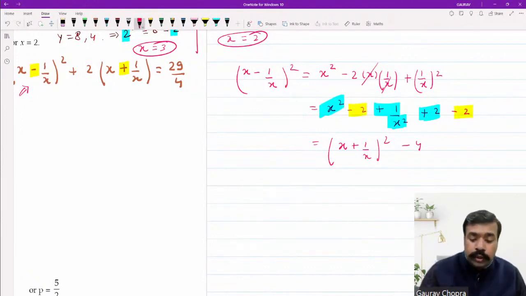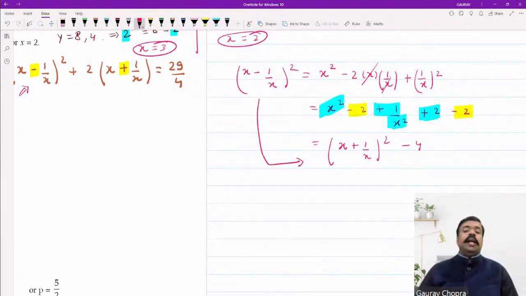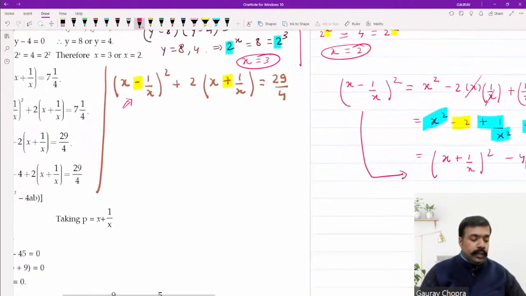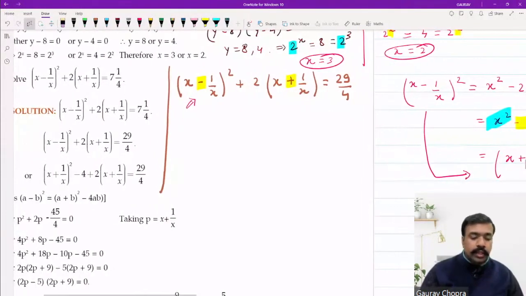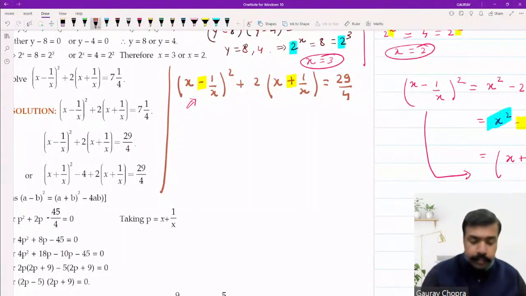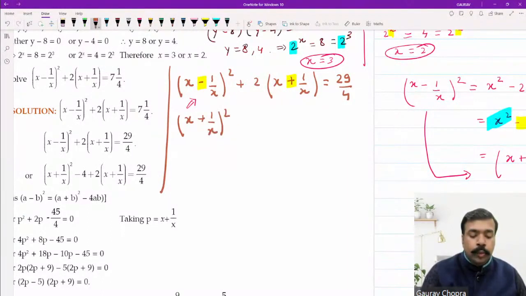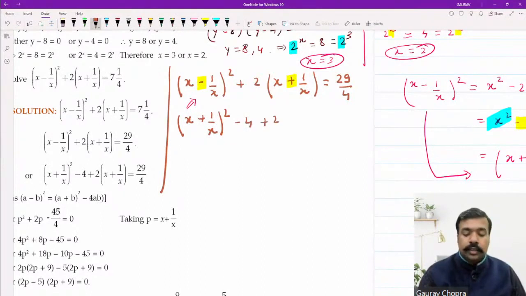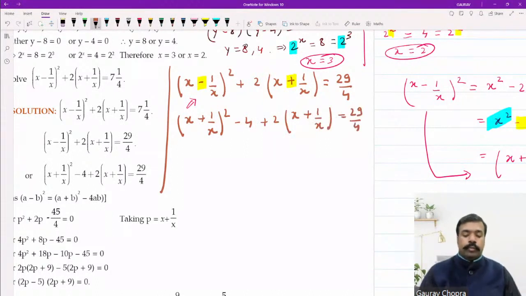So for this we can write x plus 1 upon x whole square minus 4. Because of that we are writing here x plus 1 by x whole square minus 4. Now the remaining thing, 2 times x plus 1 by x, is equal to 29 by 4.